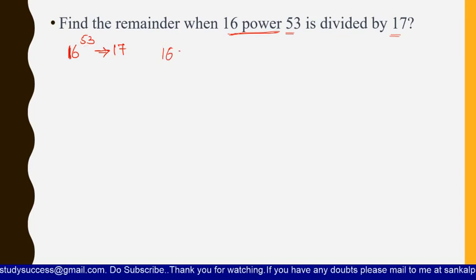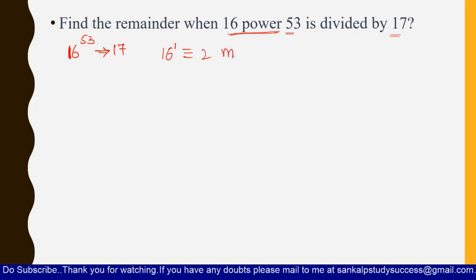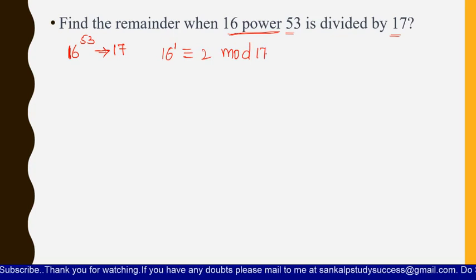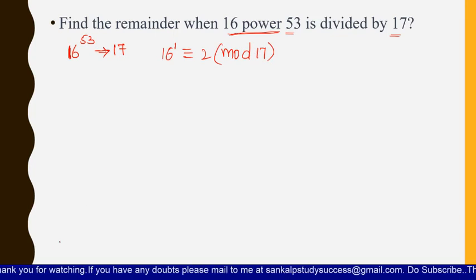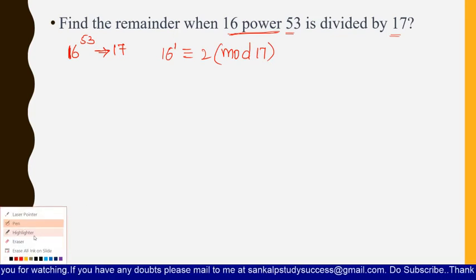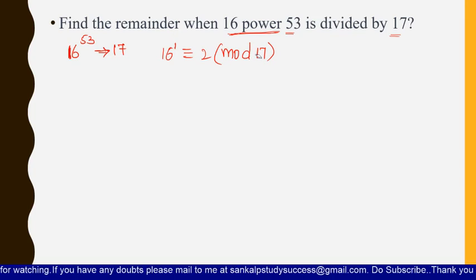If the power of 16 is 1, then how will it divide 17, so that you get the remainder? That means 16 is congruent to 2 mod 7. Sorry, 2 mod 7. It is not 17, I am sorry. Let us take it once more here.